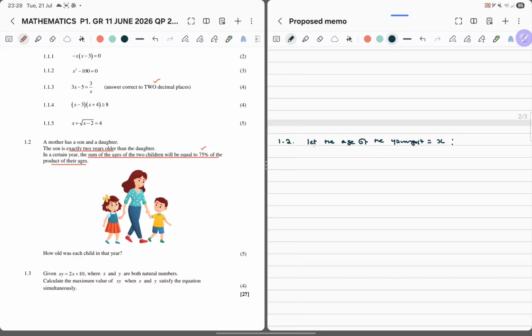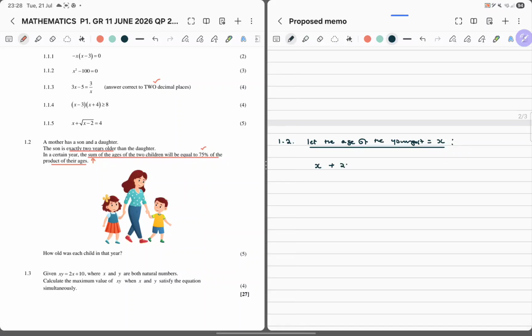Right, such that what's going to happen? We understand that the girl is going to be x plus, remember we're told here that the sum means in addition, plus sum of the ages.